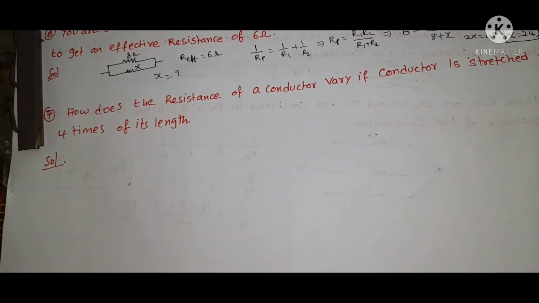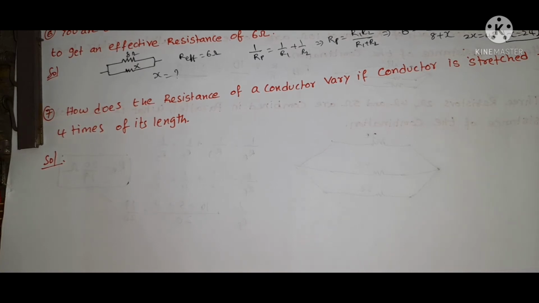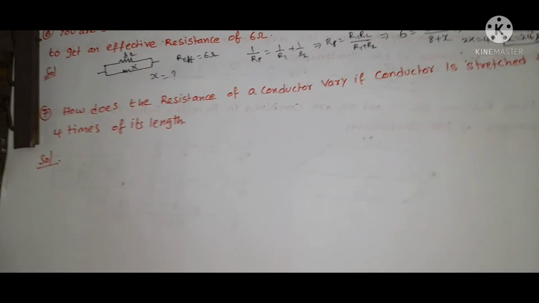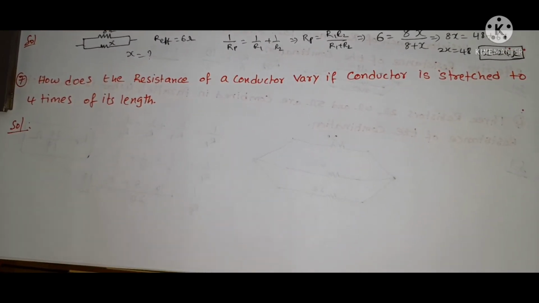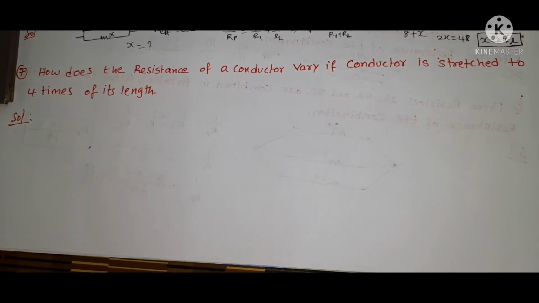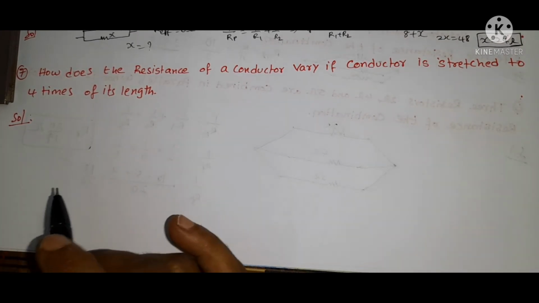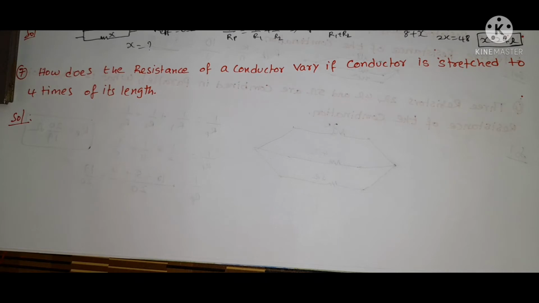Next question will be the 7th one. How does the resistance of a conductor vary if the conductor is stretched to 4 times its length? So this is the question. Say stretched by 4 times. If it is stretched by 4 times, it means volume and density are constant.